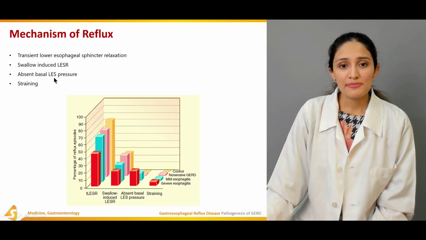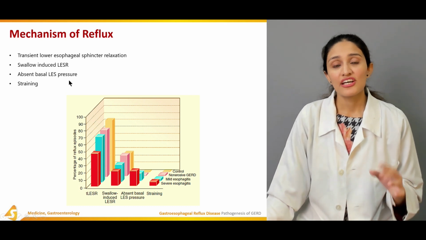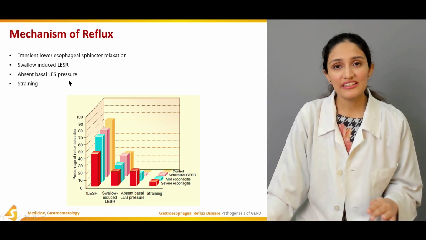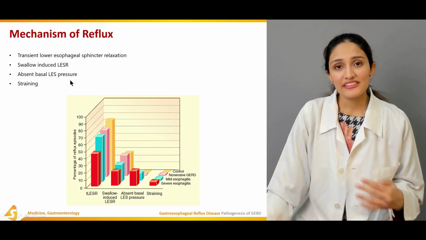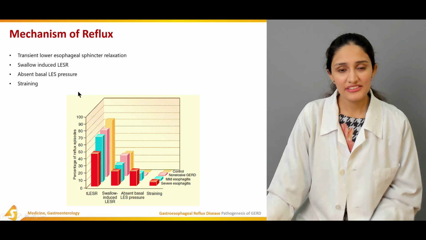With absent basal lower esophageal sphincter pressure, the pressure is completely absent. So the lower esophageal sphincter is completely useless, and thus reflux occurs. This usually happens in esophagitis.